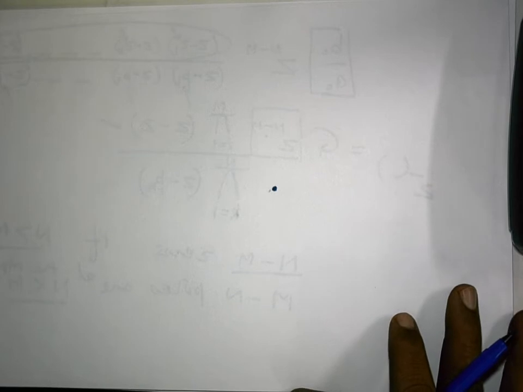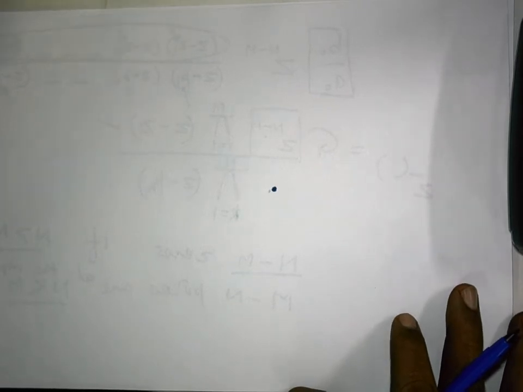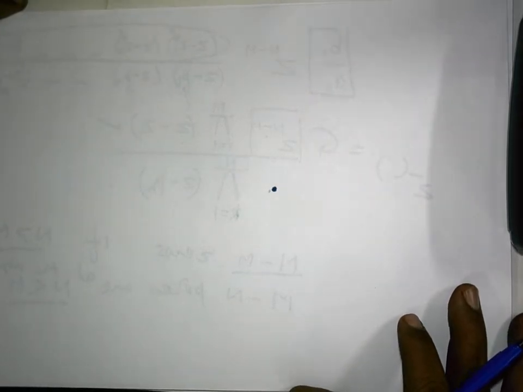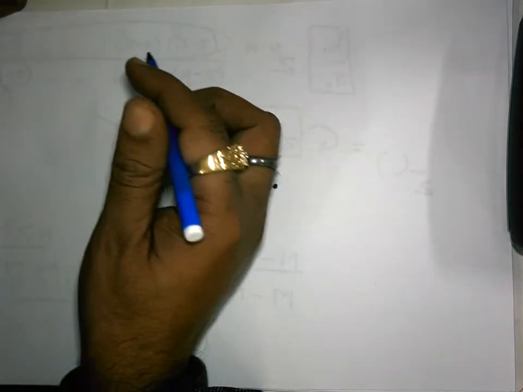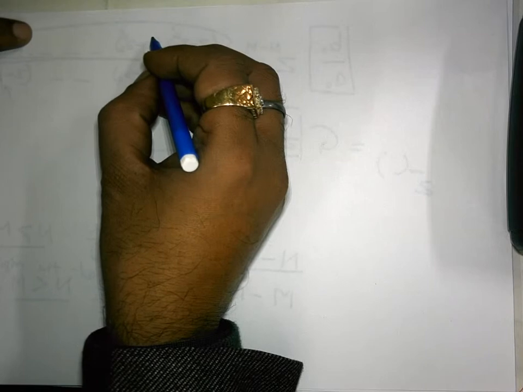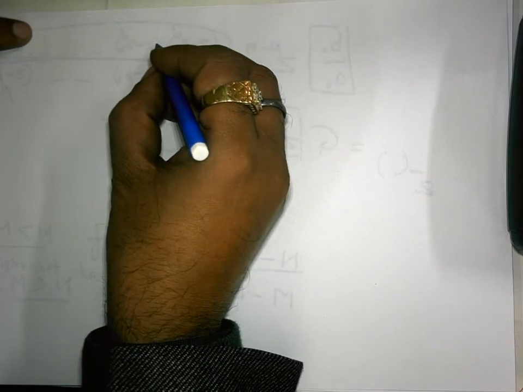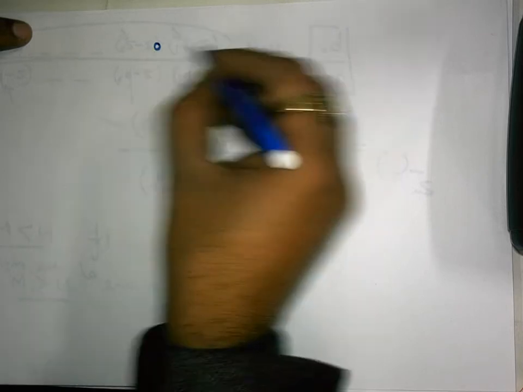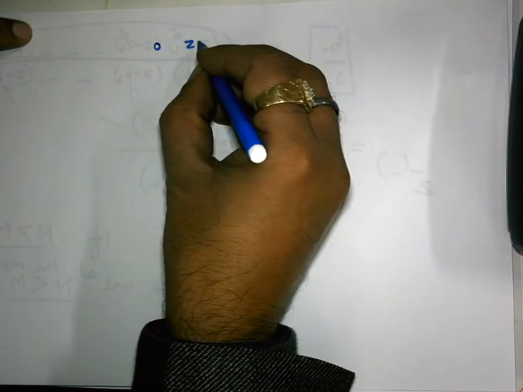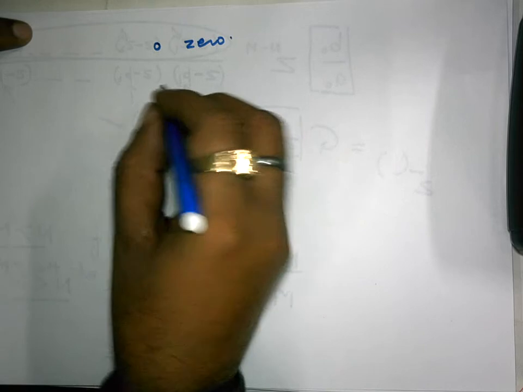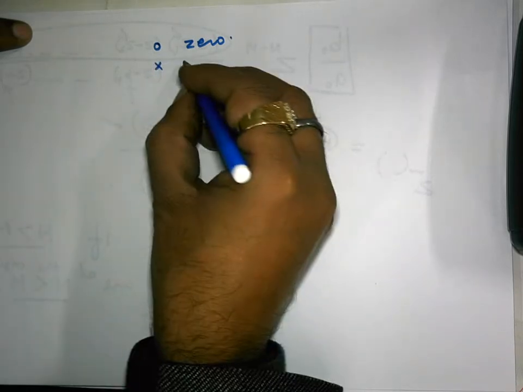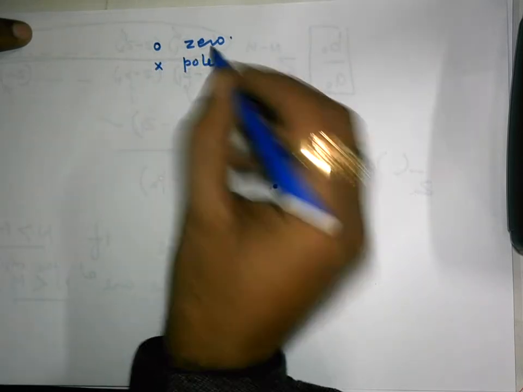Suppose I am writing a very simple pole zero pattern for a rational Z transform, and before that I would like to indicate that a zero on the plot is indicated by a small circle, and a pole on the plot is indicated by a small cross.